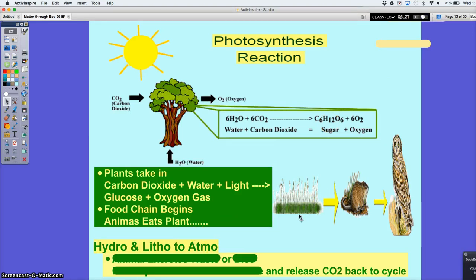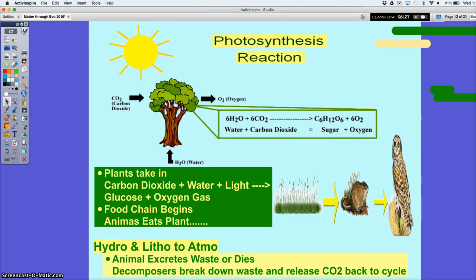You should know this by heart. They can die or release waste. Say it in order. They die or release waste, and decomposers break down the organic form of carbon and release it into the atmosphere or the hydrosphere or the lithosphere. Done.